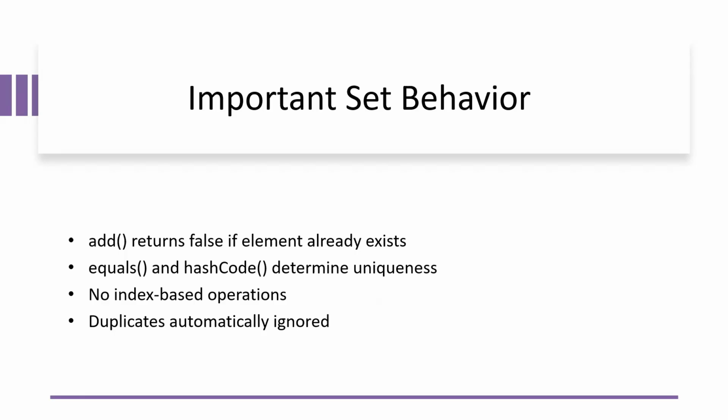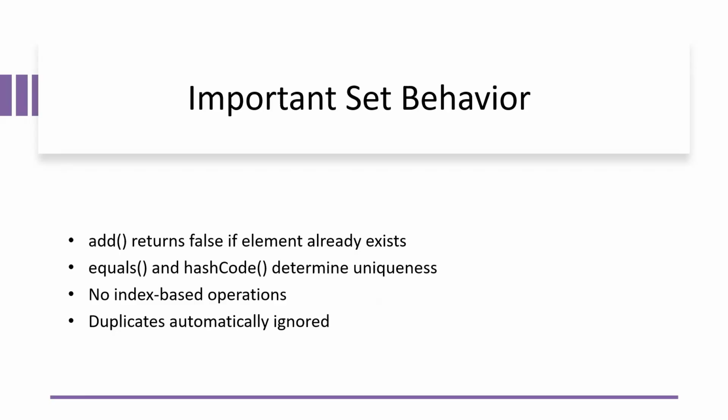Equals and hashCode determine uniqueness. Because if you remember, when we call the equals method, we're comparing the attributes of the object. And the hashCode determines the uniqueness as well.